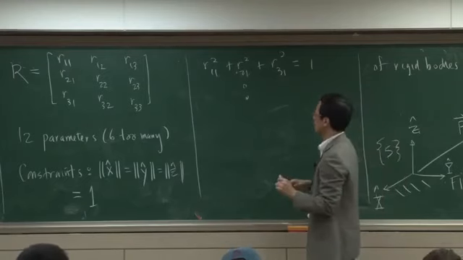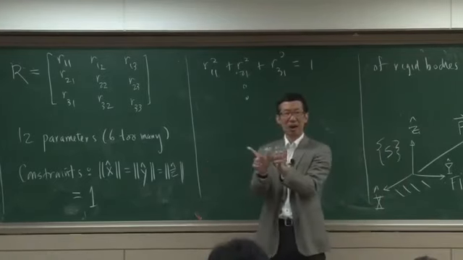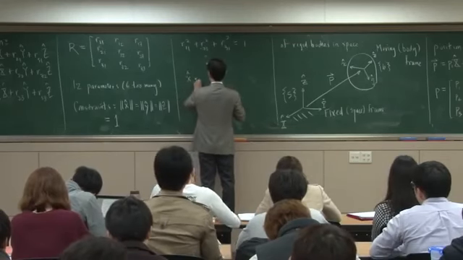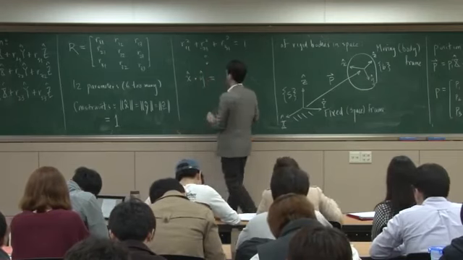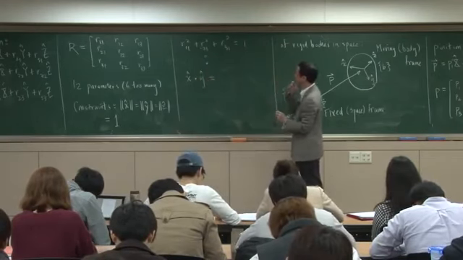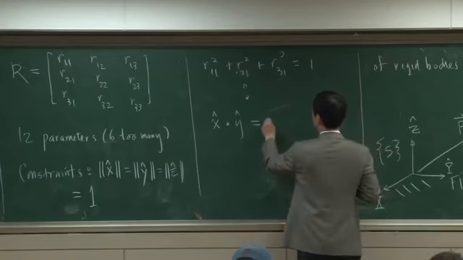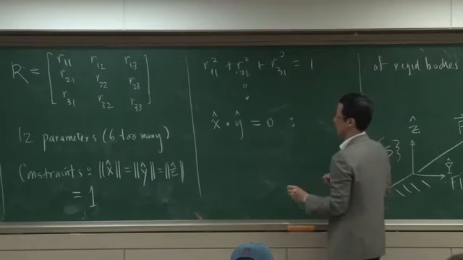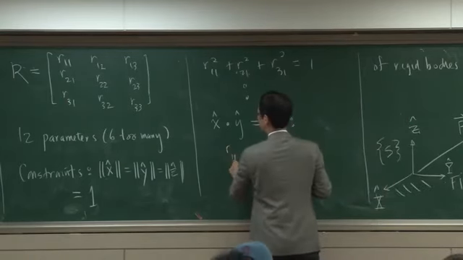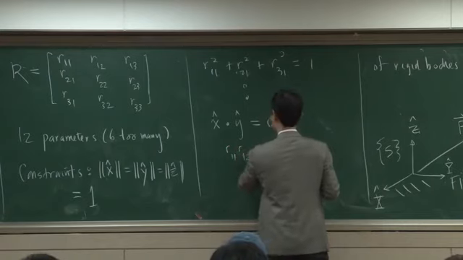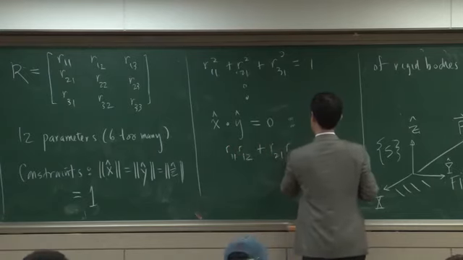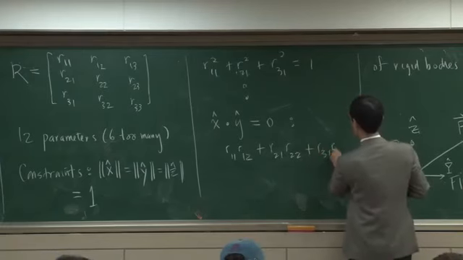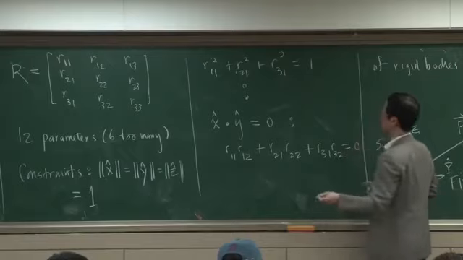And we also have the constraint that x hat and y hat are orthogonal to each other. So we can write it this way. X hat dot y hat is equal to 0, which can be written R11 times R12 plus R21 times R22 plus R31 times R32 equals 0.